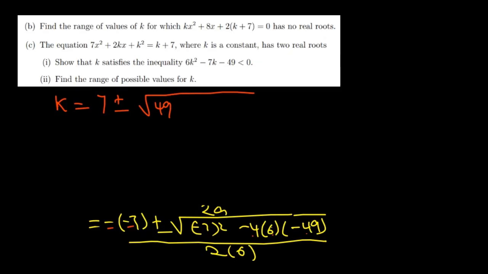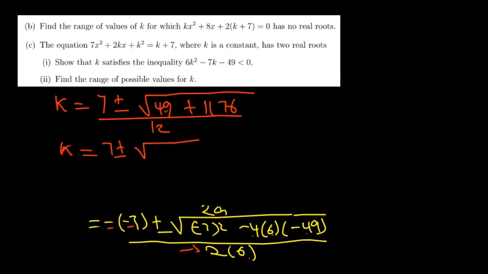Multiply that on your calculator and you'll get 1176. And then divided by 2 multiplied by 6, which is 12. So it will be 7 plus or minus the square root of 49 plus 1176, which gives me 1225, then divided by 12.